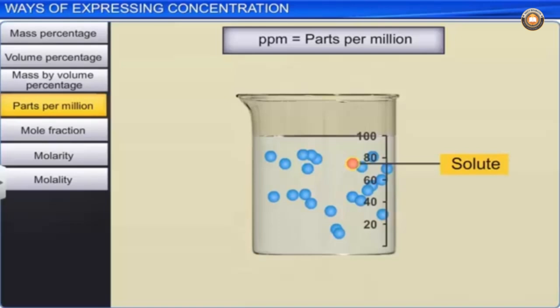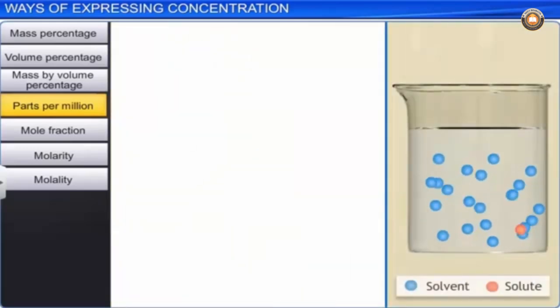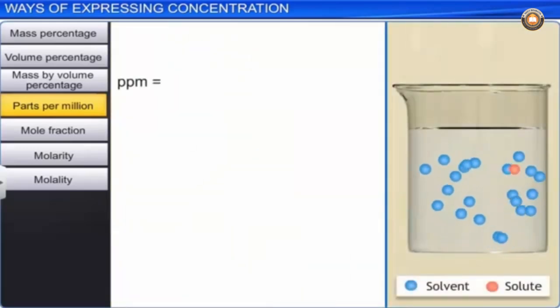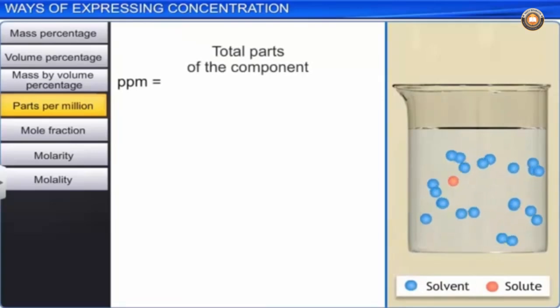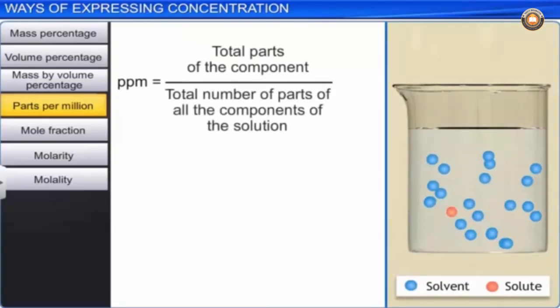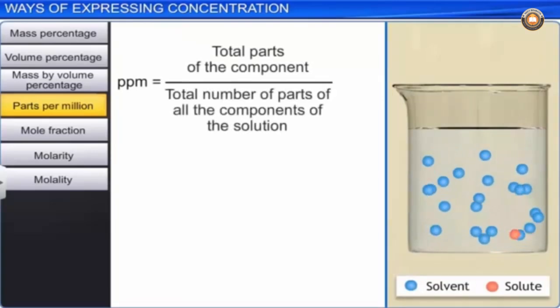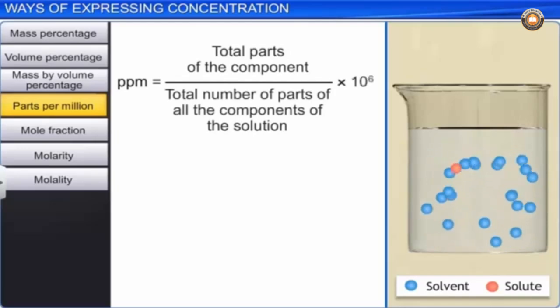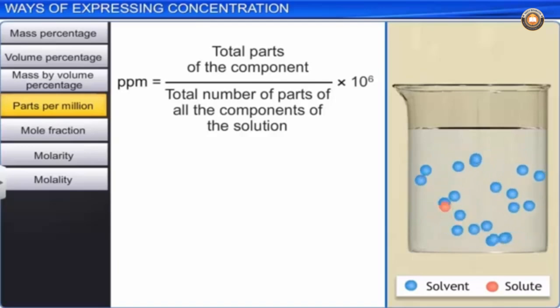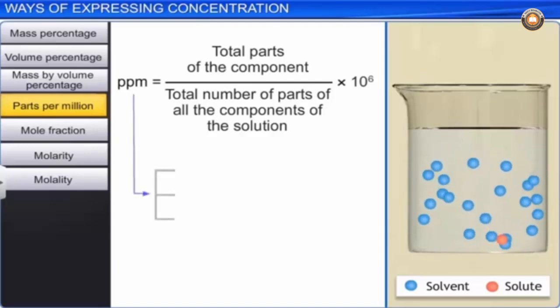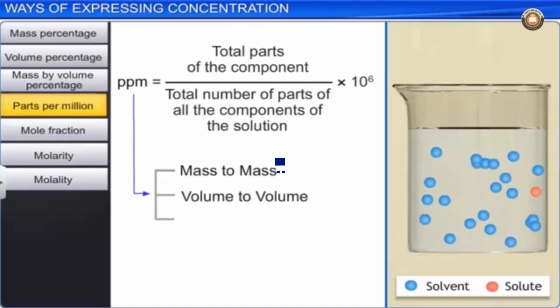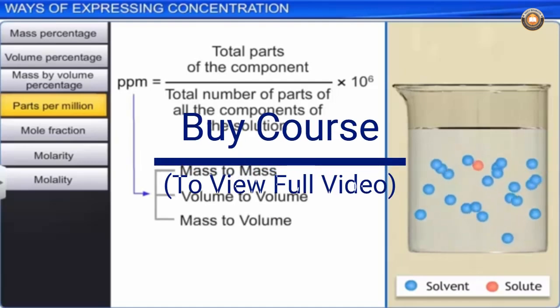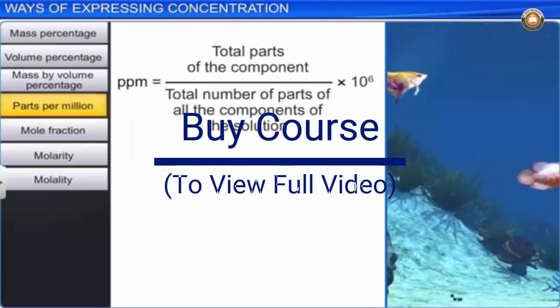Mathematically, it is expressed as the total parts of the component divided by the total number of parts of all the components of the solution multiplied by 10 to the power 6. The concentration can be expressed as mass to mass, volume to volume, or mass to volume. For example, the concentration of dissolved oxygen in seawater is 5.